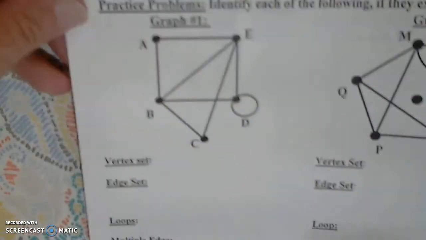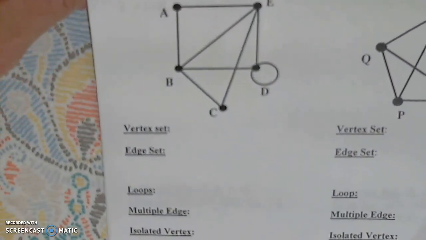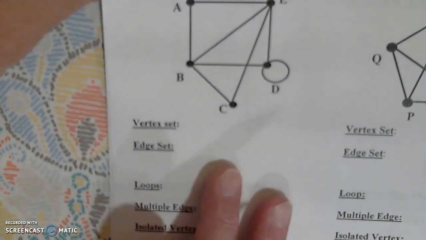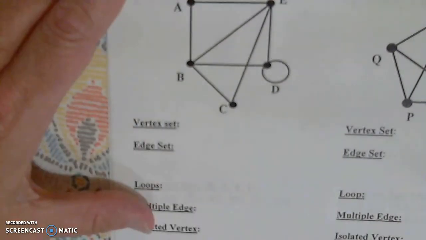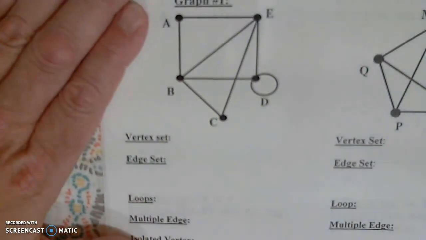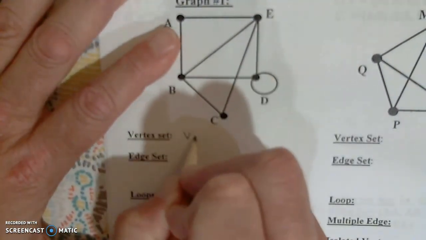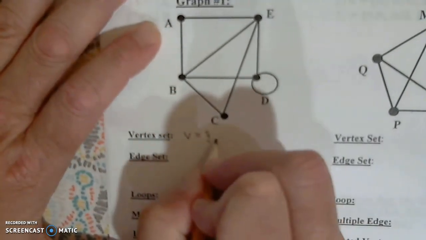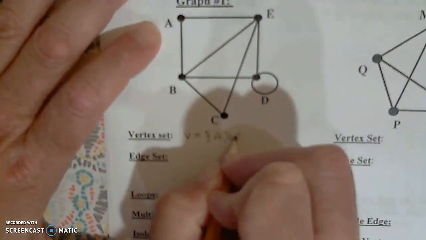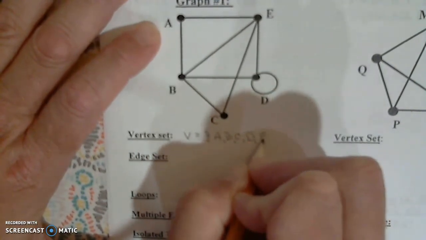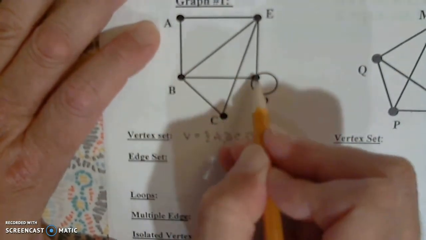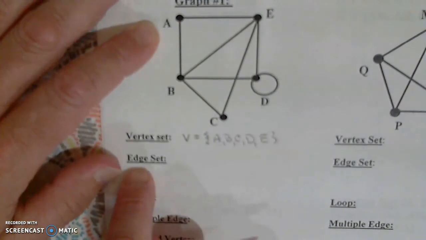So let's look at one quick practice problem. All right. So like on this one, what are my vertices? Here's my picture. What are my vertices? My vertex set is going to be A, B, C, D, and E. Those are A, B, C, D, and E. Very good. My edge sets.